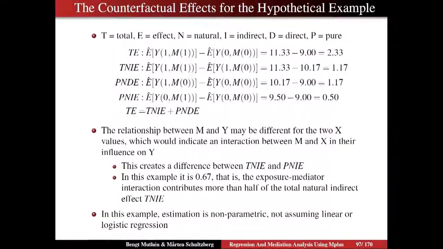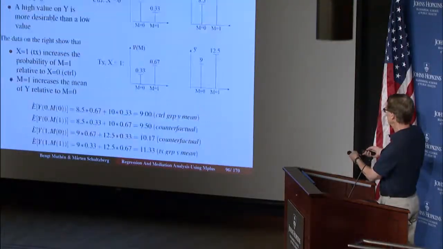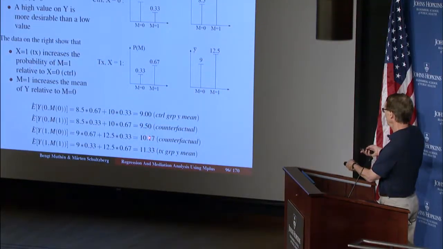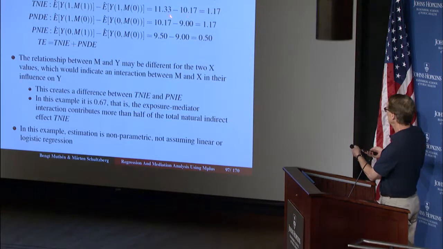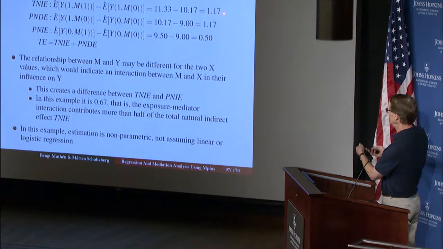Well, now you just read those numbers. 1, 1, 1, 0. That's the total natural indirect effect. That is the indirect effect. Those two numbers, 11.33 minus 10.17, 1.17 is the indirect effect.